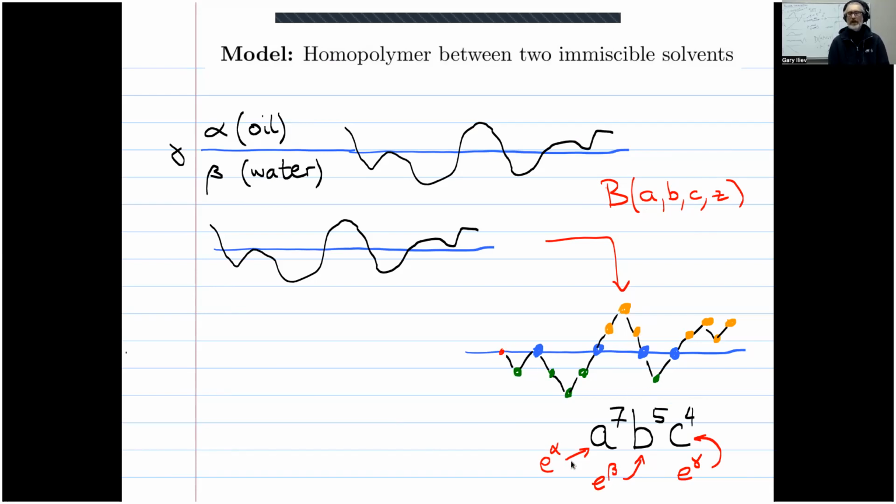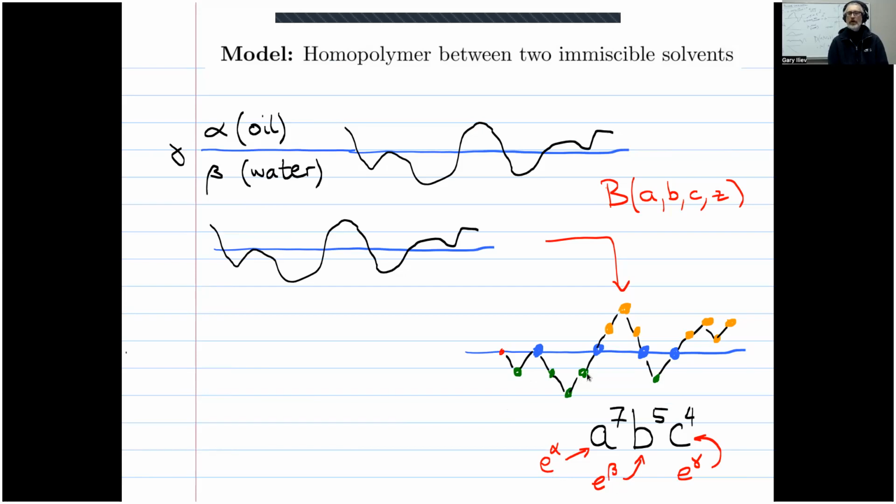This is a walk that has 7 vertices in the upper phase. Remember, I called that alpha. And so this gets a weight of a to the 7th. Here, a is a combinatorial counting variable, but it can also be thought of as an energy variable e to the alpha. These are these Boltzmann factors for generating functions. In terms of the beta phase, this is the lower phase.